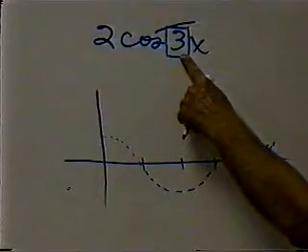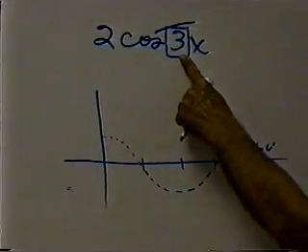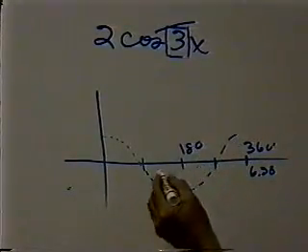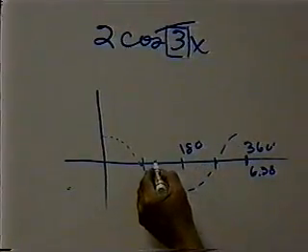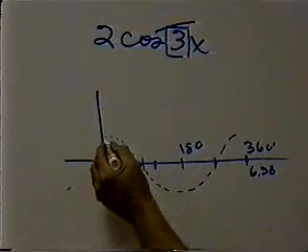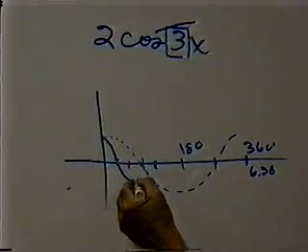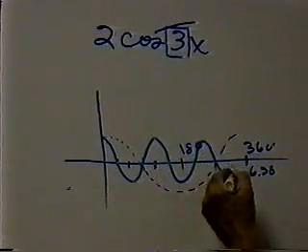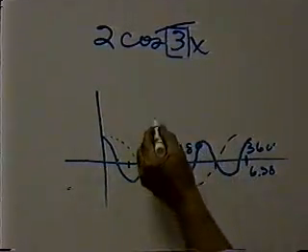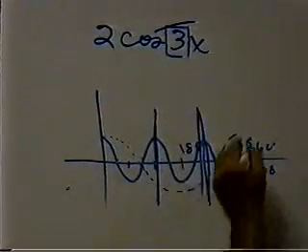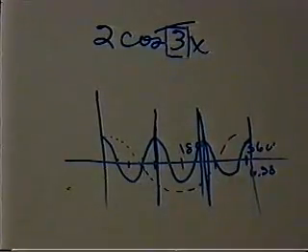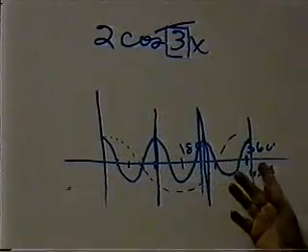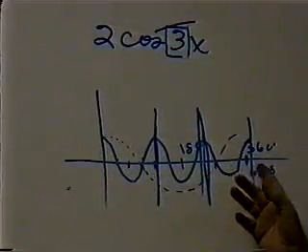However, this says we'll have 3 of those. So this is 360, this is 180, this is 90. So here's 120. And so what happens is we get 1, 2, 3 of them. We get 3 of the cosine curves in the space of 360 degrees.